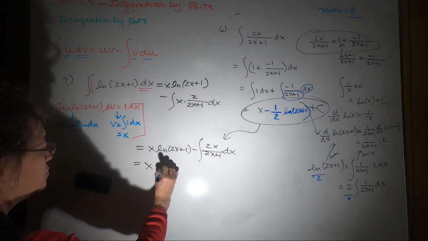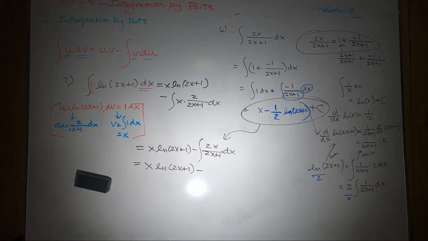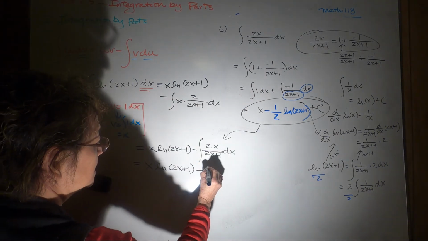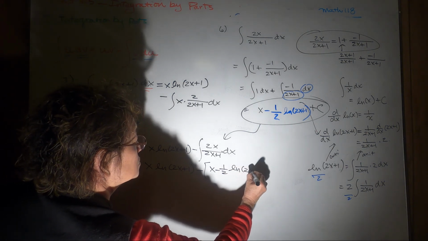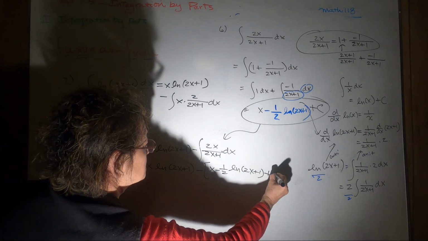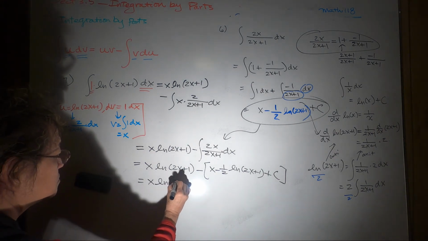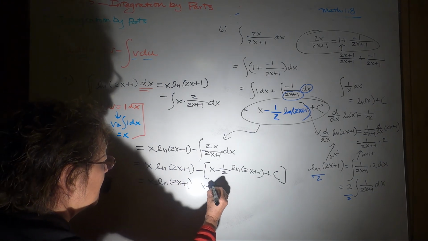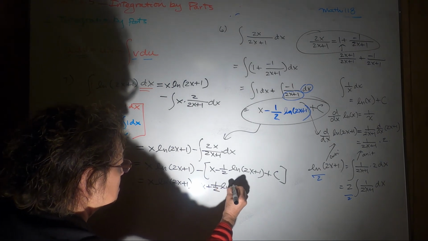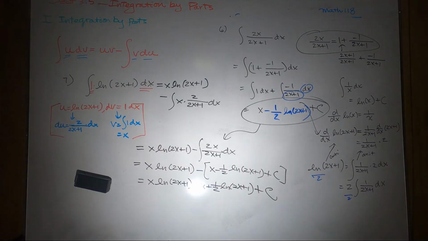So you end up with plus 1 minus what? The whole thing, right? Minus x minus negative 1, natural log 2x plus 1, plus c. Okay, so that would be x natural log 2x plus 1 minus x plus half natural log 2x plus 1 plus just an arbitrary c.